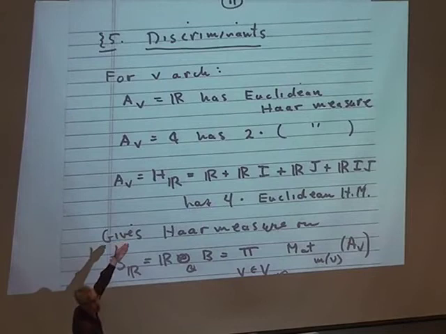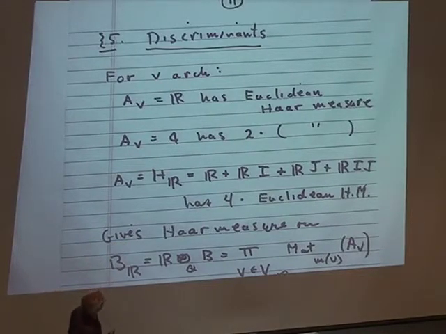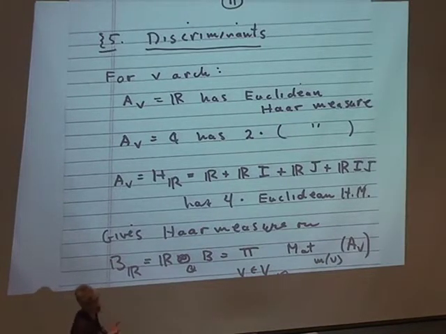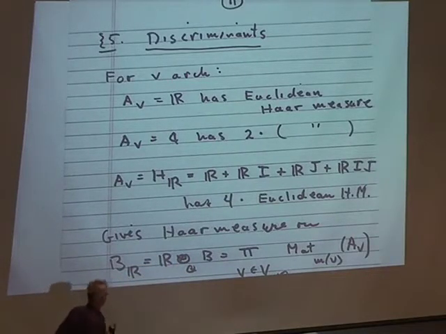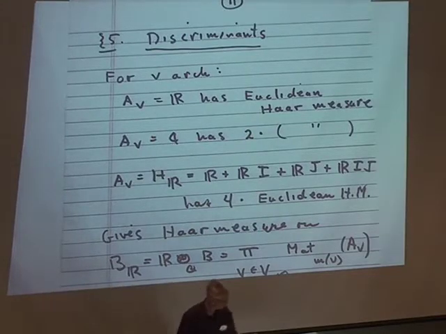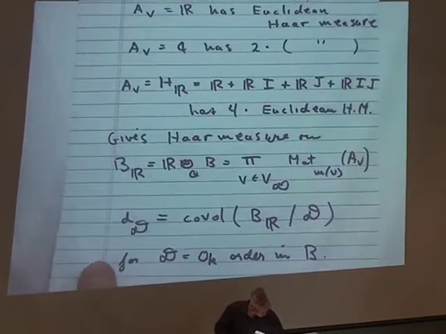There's R, the complex numbers, or the real quaternions. And on each of these, you have a certain natural Haar measure. On the reals, you take the usual Euclidean one. On the complexes, you take twice that. And on the quaternions, you take 4 times the Euclidean Haar measure with respect to that natural basis 1, i, j, ij. And that gives you a Haar measure on the Archimedean completion of B.